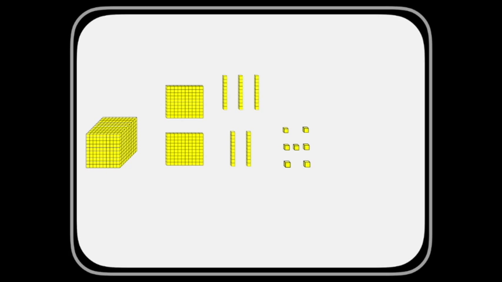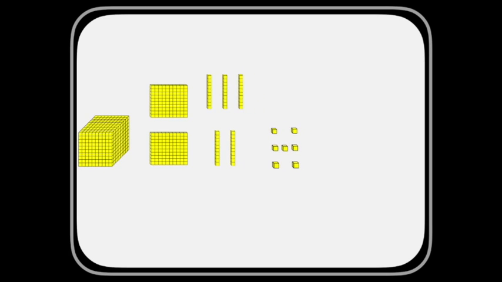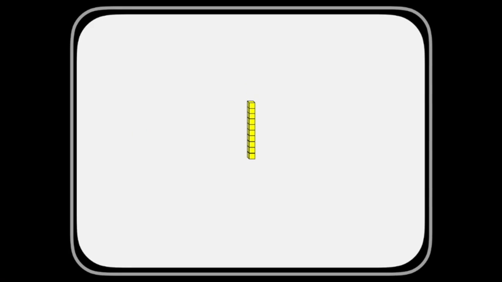But what if the decimal point was here? What is the unit? The decimal tells us. Once I know that, I know the tens, the hundreds, but what about these? Remember, the unit here is the rod, and rods can be decomposed into 10 parts.